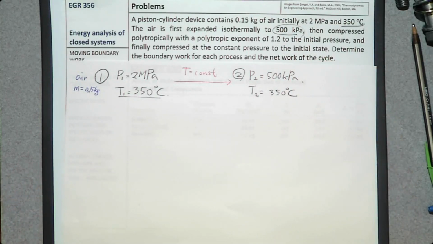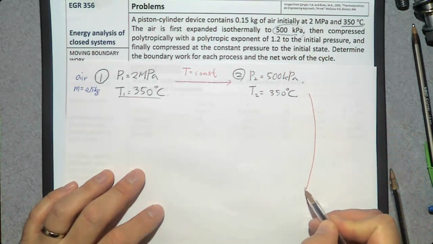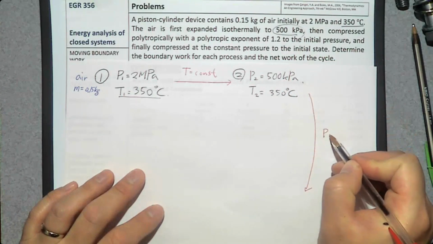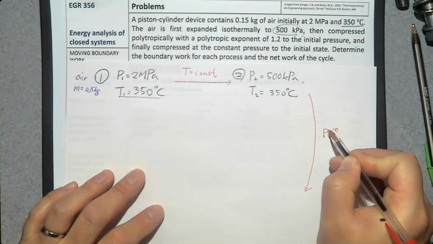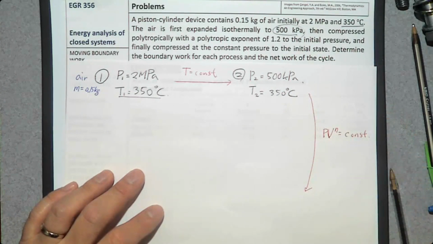That's not the end of this problem. We have another process that follows, a compression process, polytropically. So we have a polytropic compression process. PV to the power n is constant. That is a polytropic process.